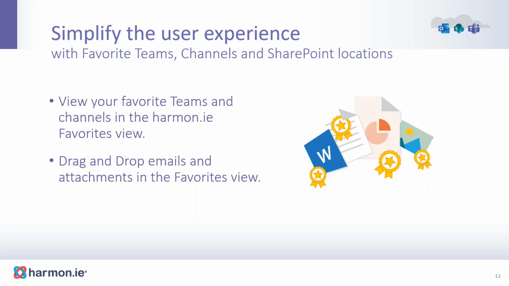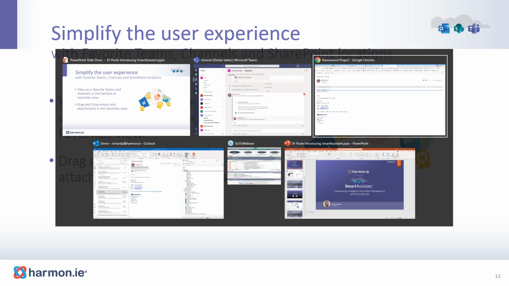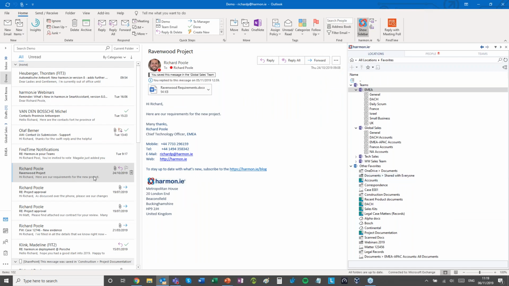If you're familiar with Harmony, maybe if you're an existing user or you've already been evaluating the Harmony sidebar, you'll notice that you can navigate to SharePoint locations and mark them as favorite locations. And with the Harmony UI in Harmony 8, I'm able to drag and drop content not only to my teams and channels, but also to my other Harmony favorites as well.